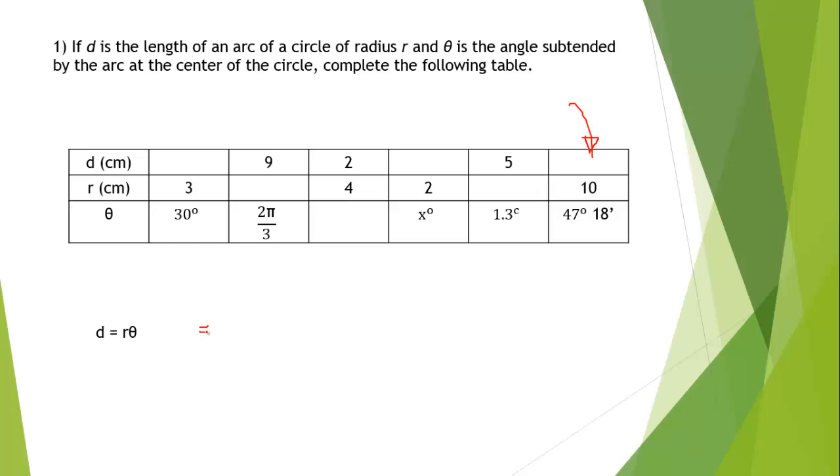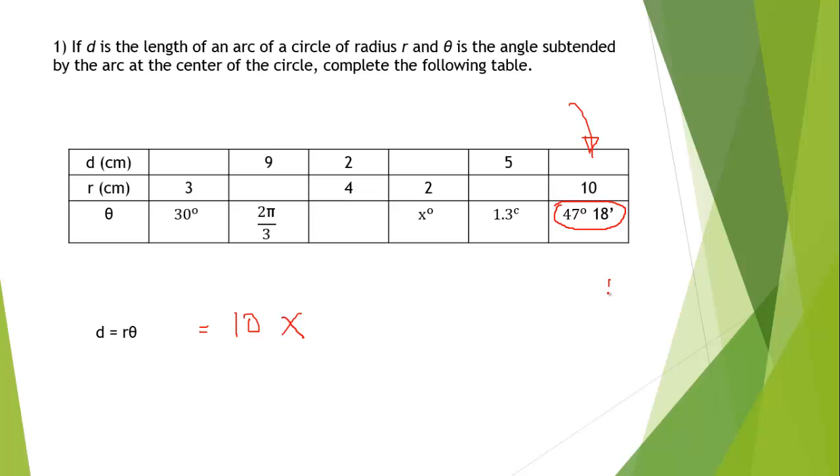So d equals r theta, so 10 centimeters times the angle, but here the angle is in degrees and minutes, so it needs to be converted to radians. Here, in addition to the conversion to radians, there's one more step, which is to convert 47 degrees and 18 minutes into degrees.